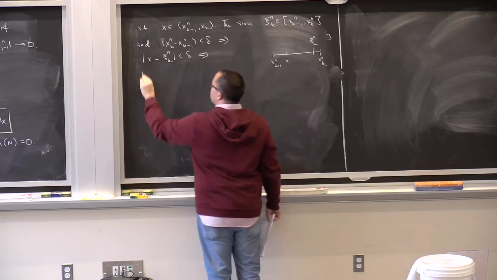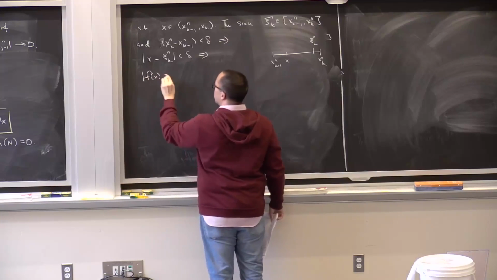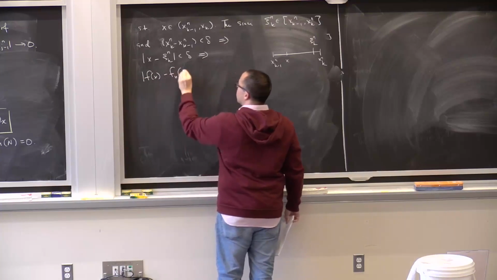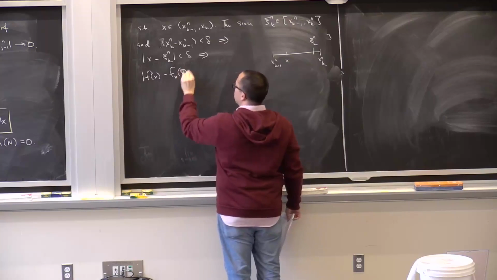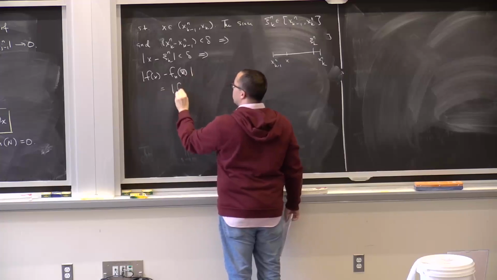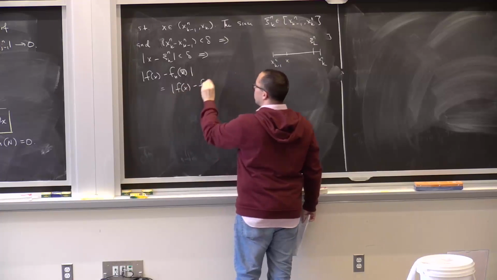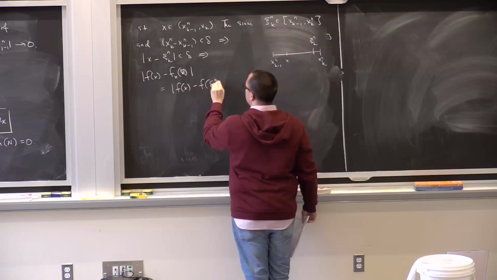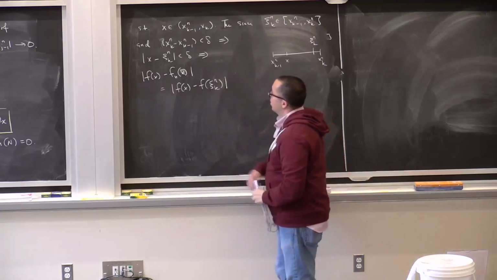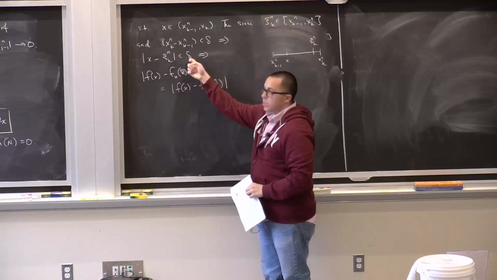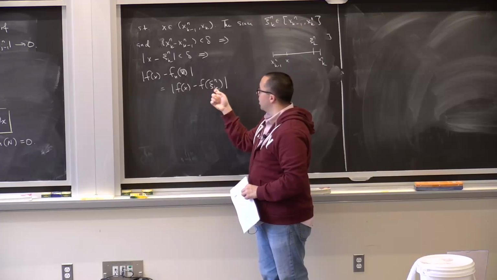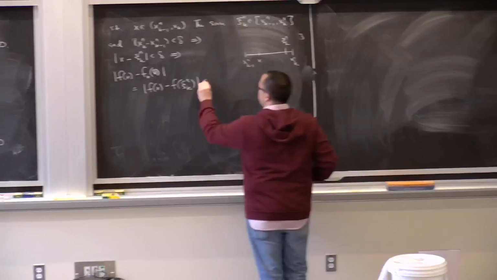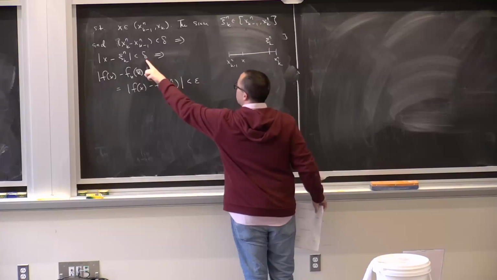And therefore, f(x) minus f_n(x), which is equal to f(x) minus f(c_k^n). Now, these are within delta distance to each other, and therefore f(x) and f of that number must be within epsilon of each other, simply by how delta was chosen.